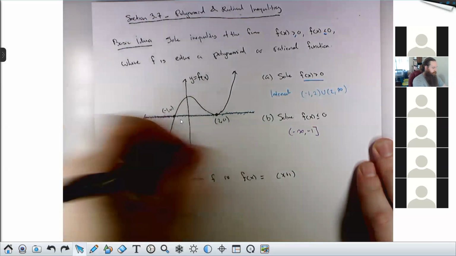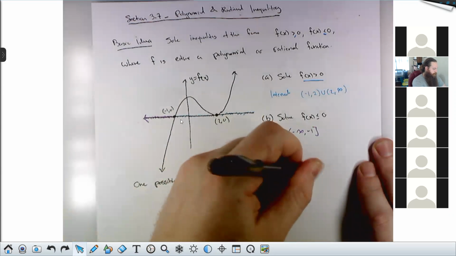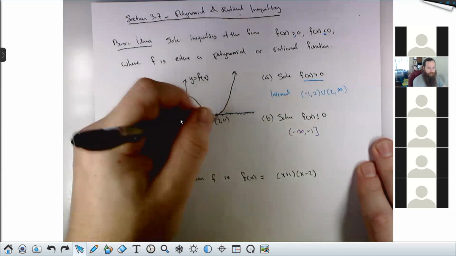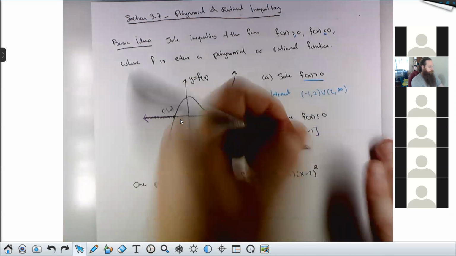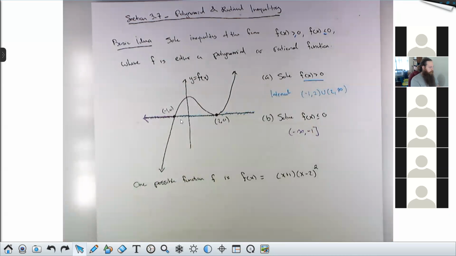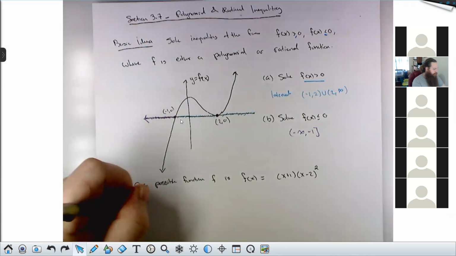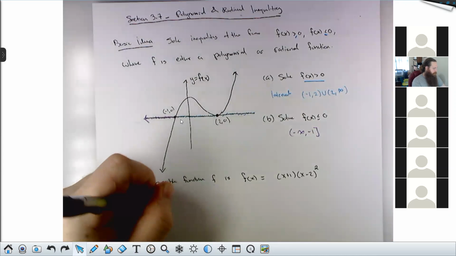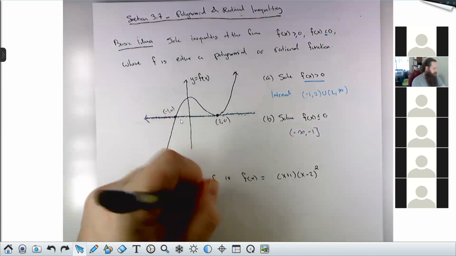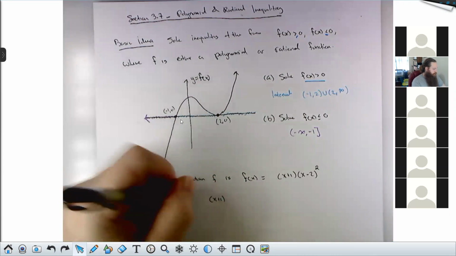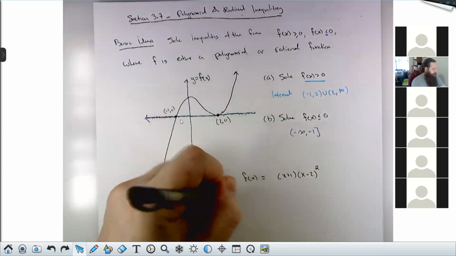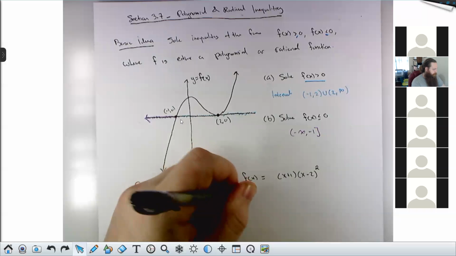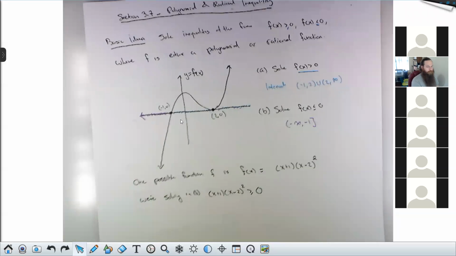And then I'd have a factor of x minus 2 over there, and that looks like a parabola if you just zoom in on that little piece. So that's multiplicity 2. So what we're solving, let's say in part B, is x plus 1 times x minus 2 quantity squared is greater than or equal to 0.